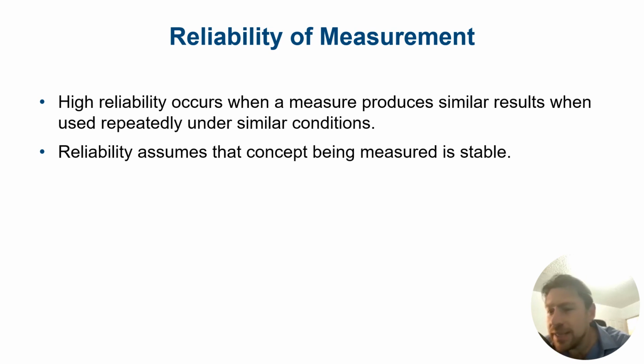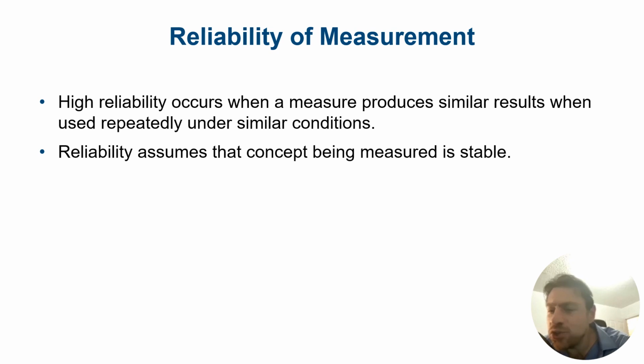Now, reliability does assume that the concept or construct being measured is something constant and something stable. For example, IQ probably doesn't fluctuate very much throughout the week. It's probably pretty stable. Or personality traits.